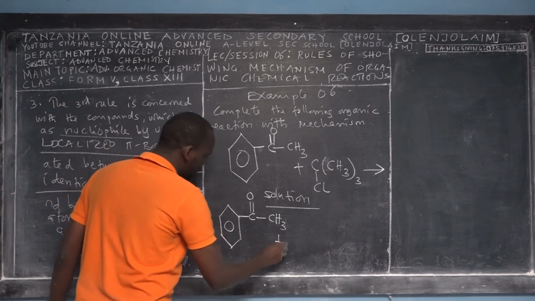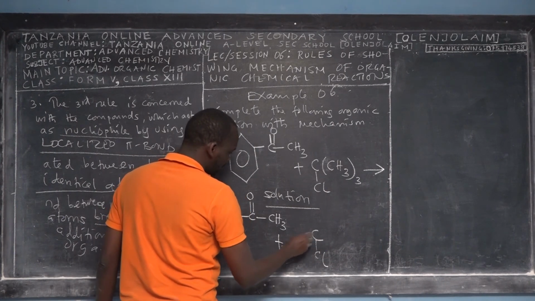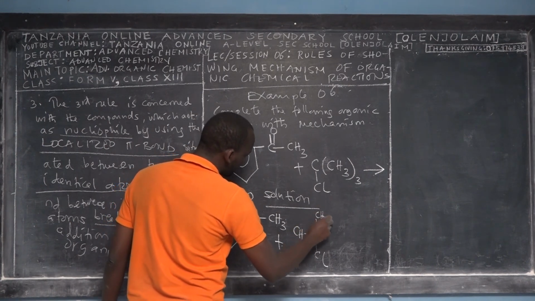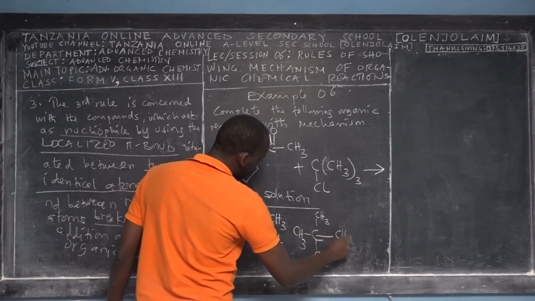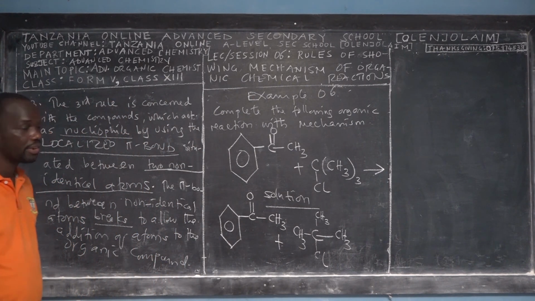Then here we have carbon, chlorine, CH3, CH3, CH3. Right? This is the starting structure.